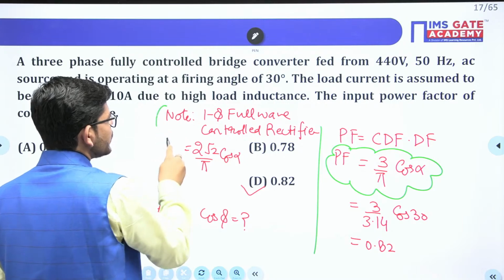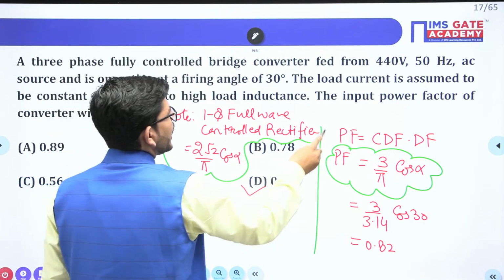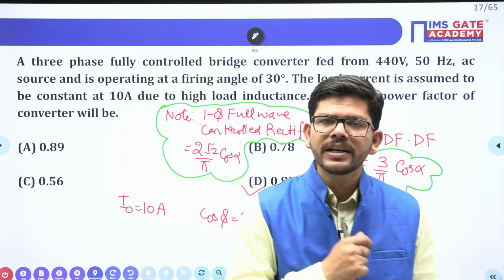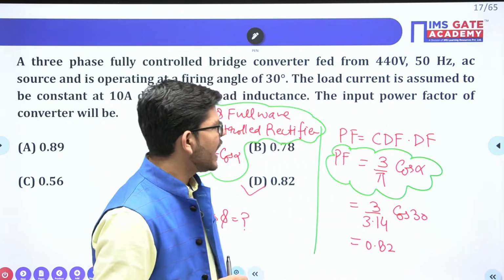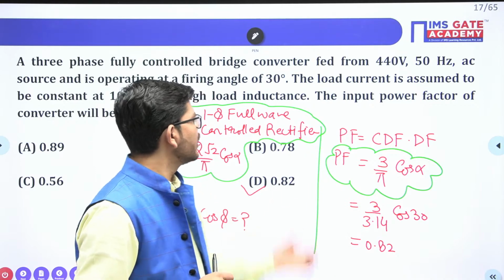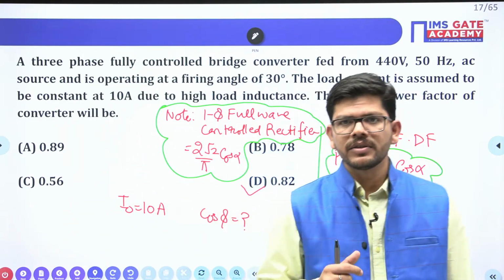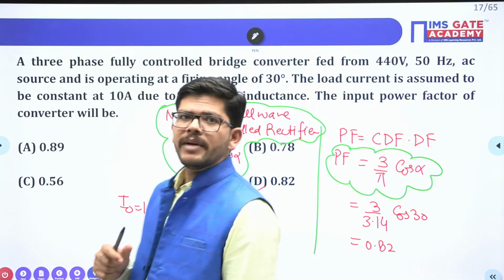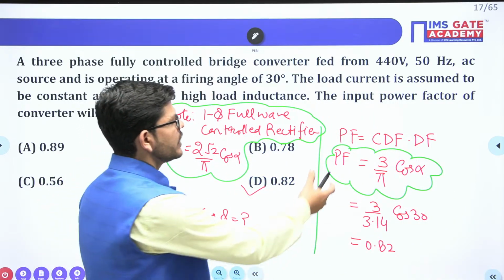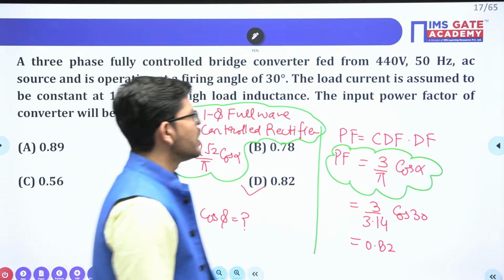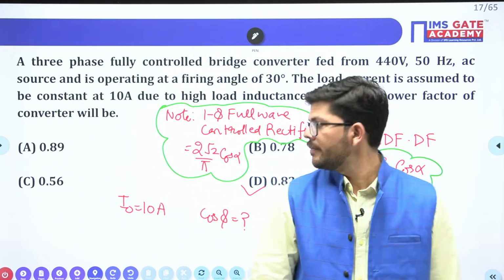Just remember these facts. We have two popular formulas for calculating the power factor of rectifiers: 3 by pi cos alpha in case of the 3-phase full wave converter, and 2 root 2 by pi cos alpha in case of the single phase full wave converter.